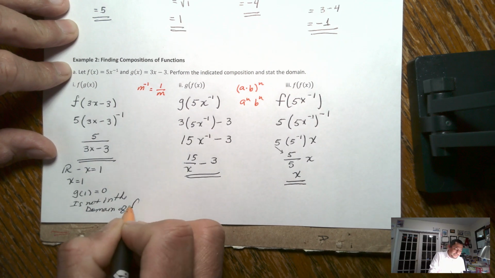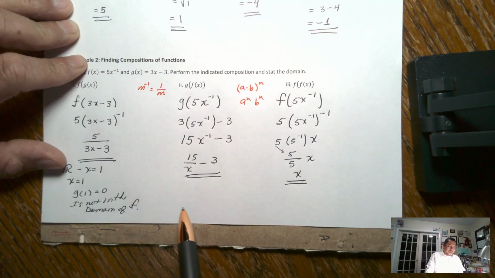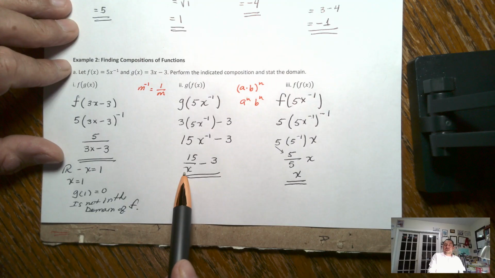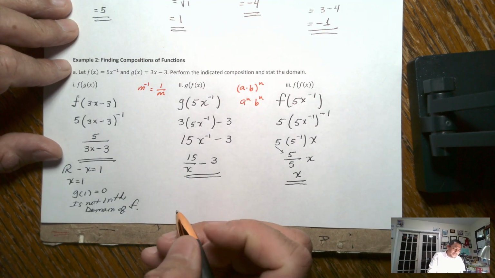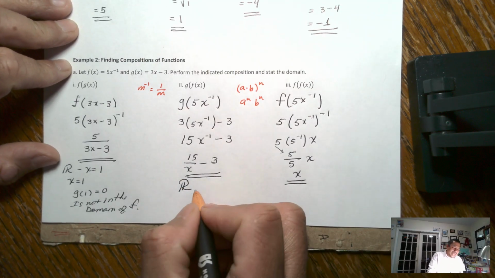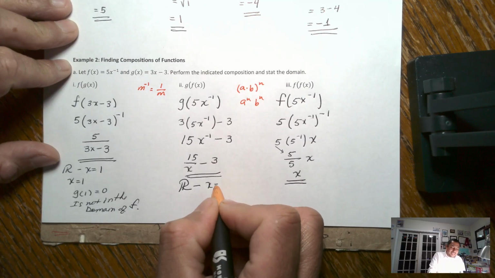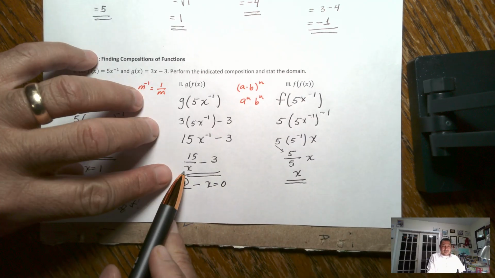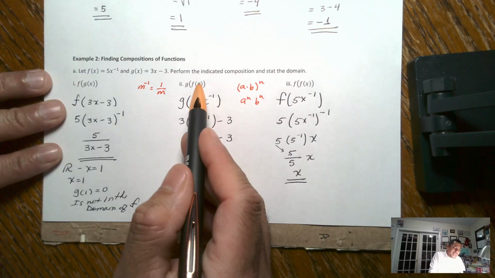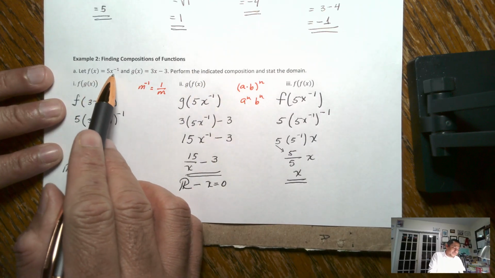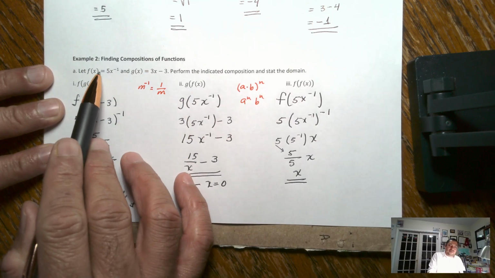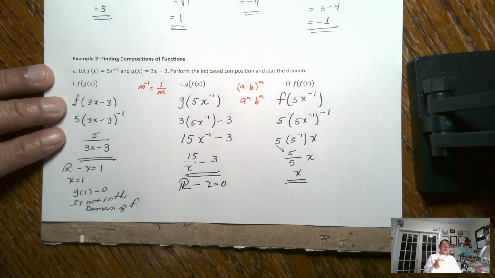Now let's observe this one, okay? Number 2, I can see this x in the denominator. So in this case, the domain is all real numbers, except x equal to 0. See that? x equal to 0, because it's not in the domain of f. Because if you look at this one, x to the negative 1 will make that function f not defined at x equal to 0.